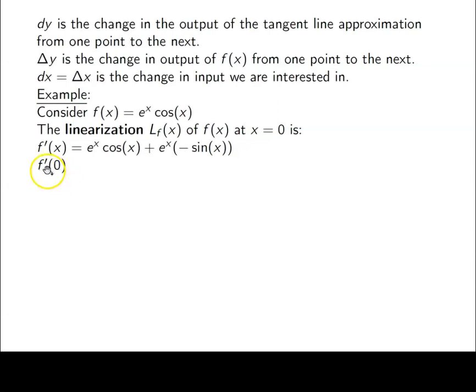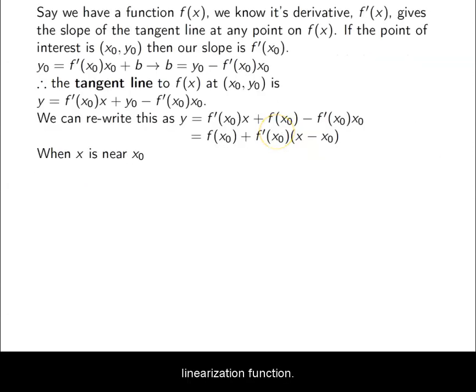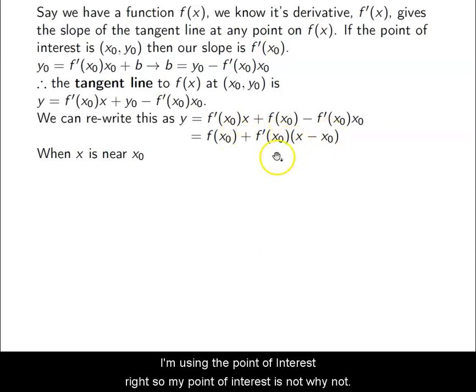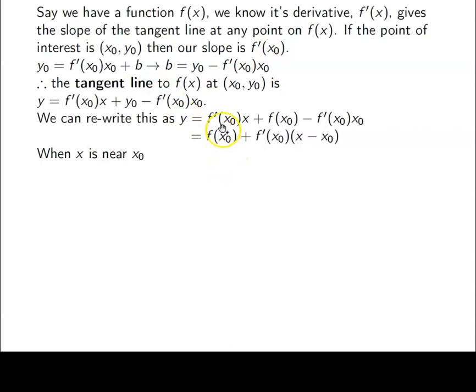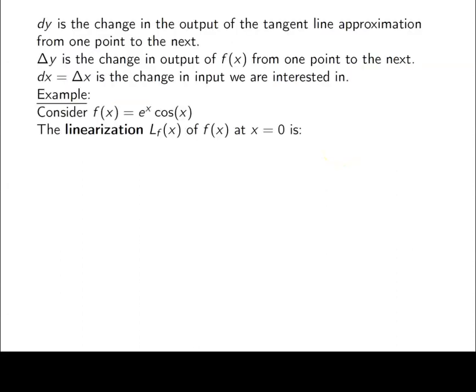My f prime of 0: I'm looking at the point that I'm interested in. If we come back to our linearization function, I'm using the point of interest, x naught, y naught, and I only really need the x value. So I'll plug 0 into my function, I'll plug 0 into my derivative, and I'll have x minus 0 for this example.